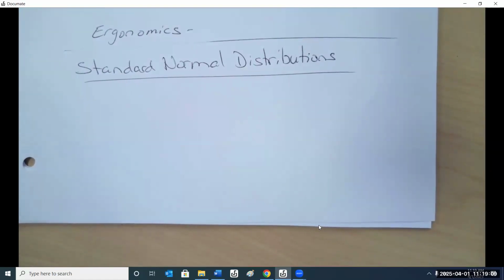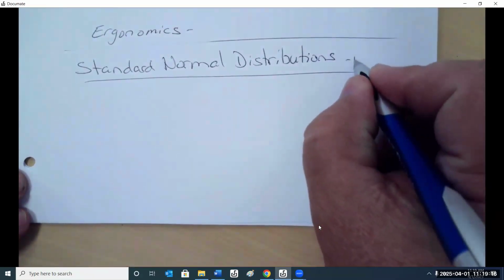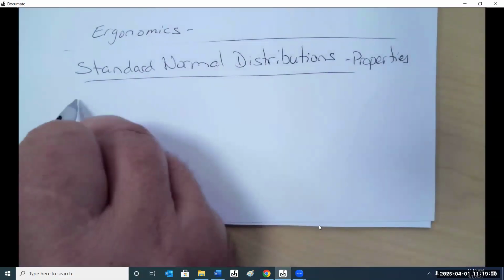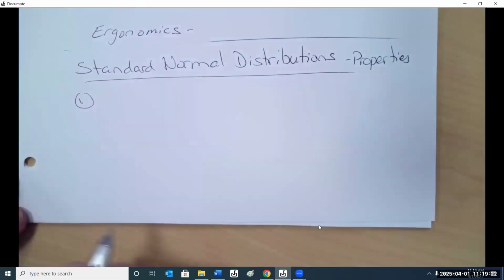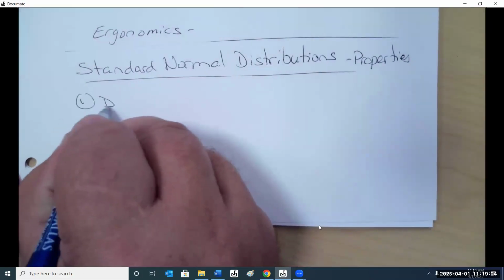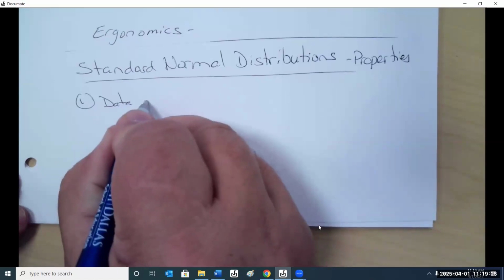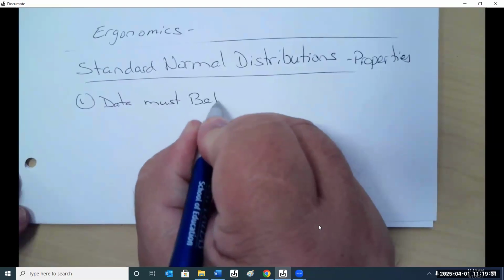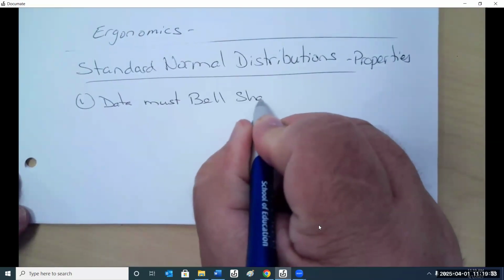These are the properties of something that is a standard normal distribution. The properties. First off, data must be bell-shaped.